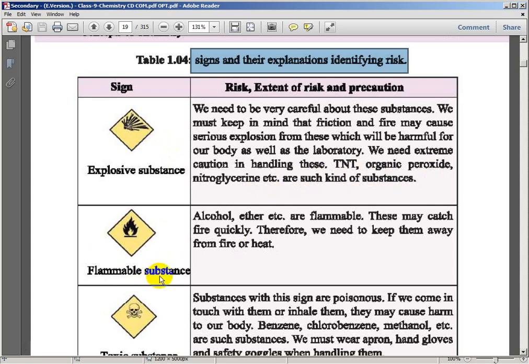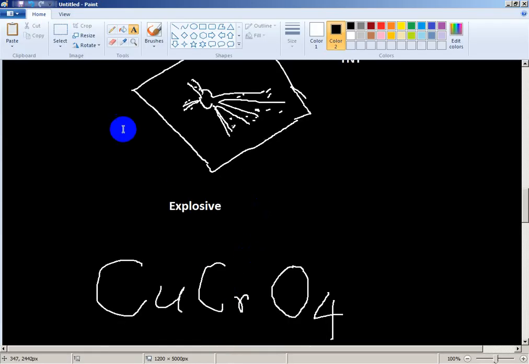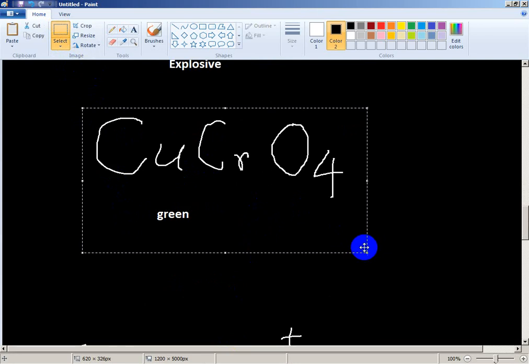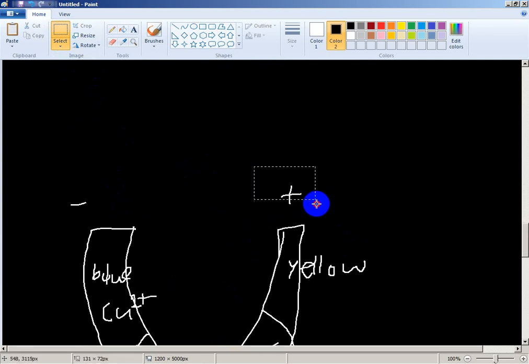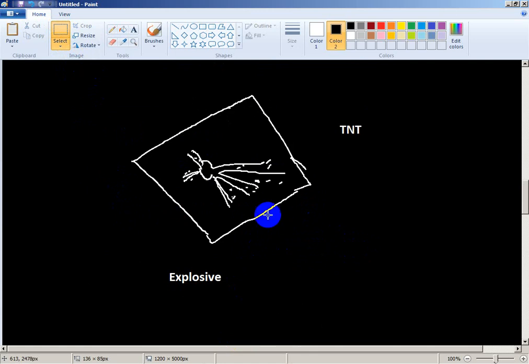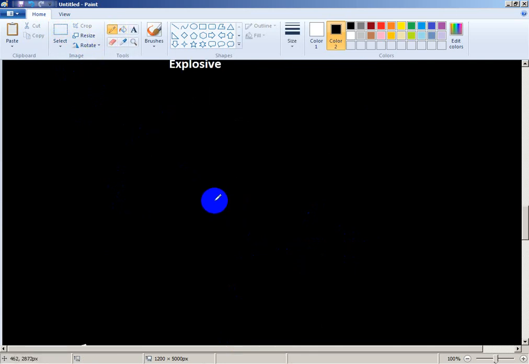Now we'll take the flammable substances. So how do we draw this? At first you draw a diamond shape.